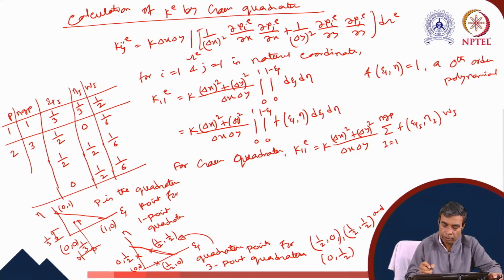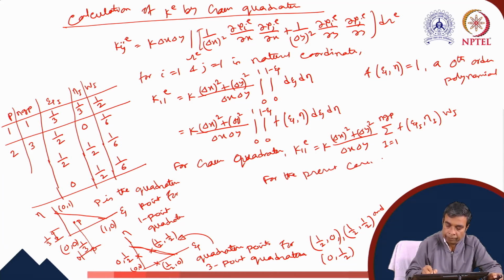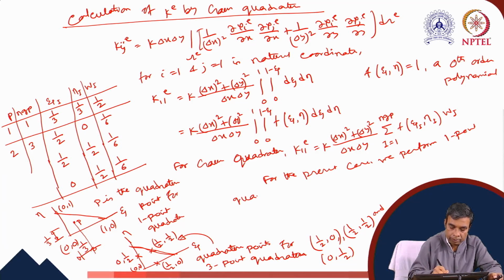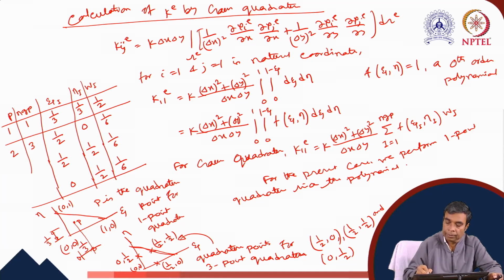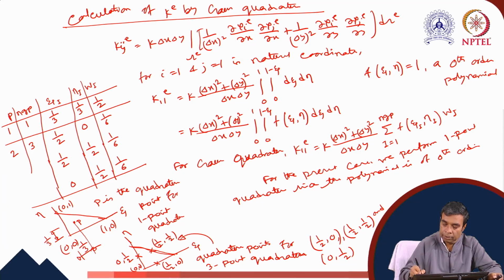Okay, now for our present case, we perform 1-point quadrature since the polynomial is of 0th order.